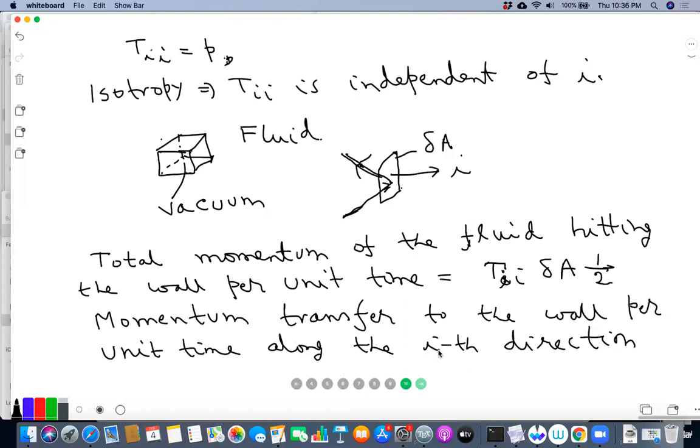This will be given by twice this, because if it's an elastic collision, then the total amount of momentum that it carries back is exactly equal in magnitude to the amount of momentum that has fallen in the ith component of the momentum. The other components, of course, don't change, but the ith component gets its sign reversed. So the total momentum transfer to the wall per unit time will be given by twice this amount. So 2 T^ii delta A times half. That's of course T^ii times delta A.